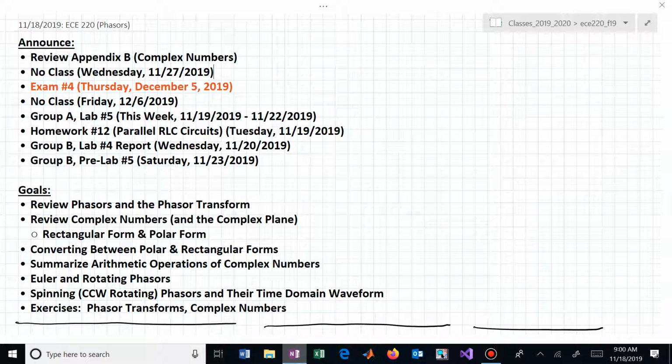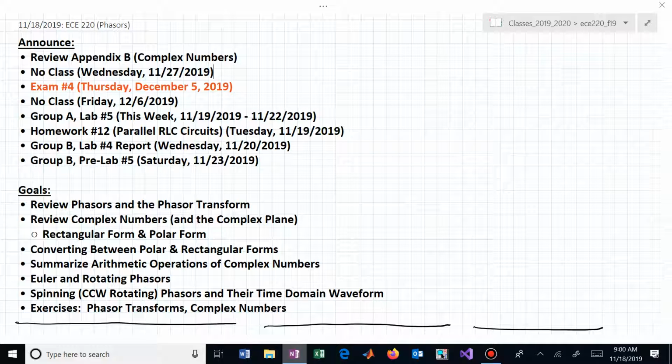But I thought I would give you a heads up on some of the dates that you don't need to attend and one that you definitely need to attend. We will not have class the Wednesday before the Thanksgiving break, which I believe is the 27th. Our exam will be the following week.